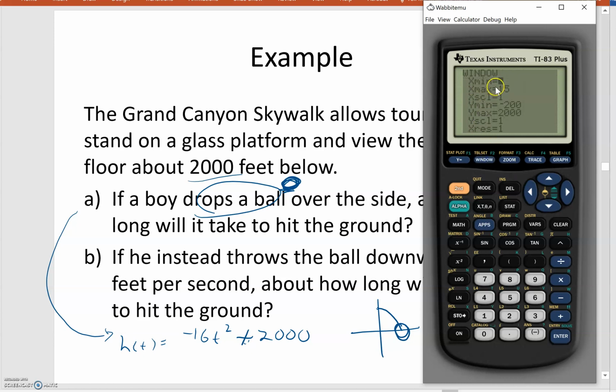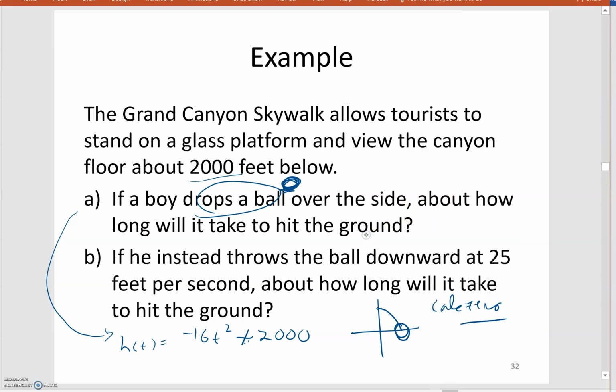So then I set my window to 0 to 15 and did zoom fit and got this picture. Now I can actually find that 0, which is right here. Left bound, right bound, and guess. So 11.18 seconds.